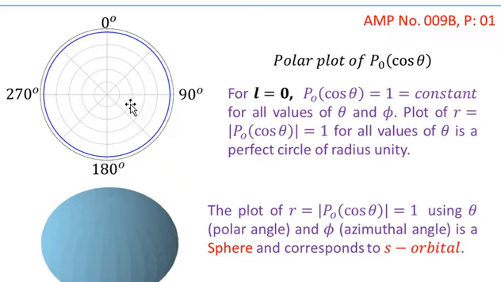So the electron is located anywhere at a distance equal to unity from the center, where we assume that the nucleus is centered, and the electron will be outside this circular region in the polar coordinate system.